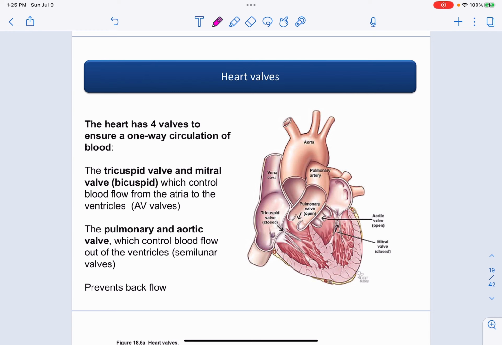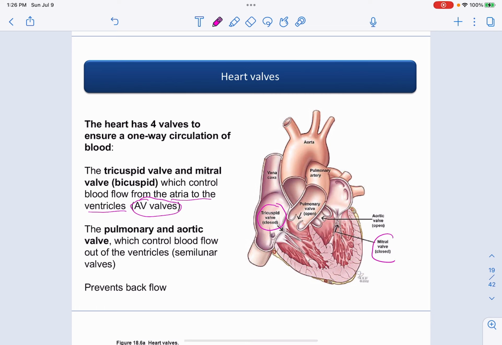So there are atrioventricular valves. So these are valves that are controlling blood flow from the atria to the ventricles. They are called atrioventricular valves. And more specifically, there is what's called a tricuspid valve and a bicuspid valve.